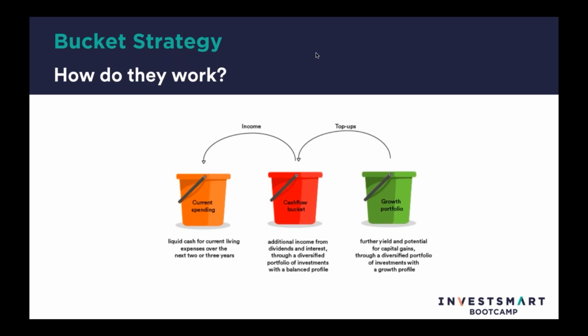The next bucket is the growth portfolio. It's basically having a bit of growth, a little bit of risk to get some return. What it's saying there is you can get further yield and potential for capital gains, so that's the actual investment going up in value, by using a diversified portfolio of investments with the growth profile.